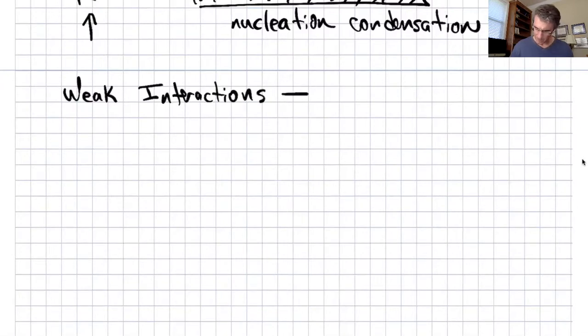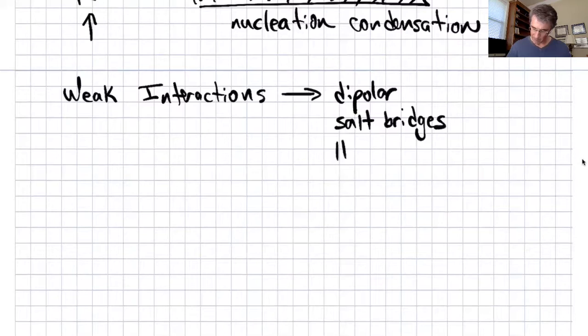Those are dipolar interactions, salt bridges, which are present, but they're certainly not in every protein. And biggie, hydrogen bonds, right?